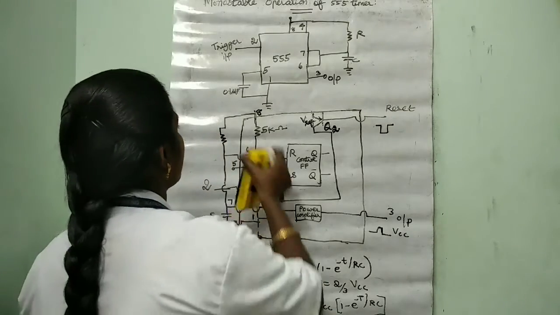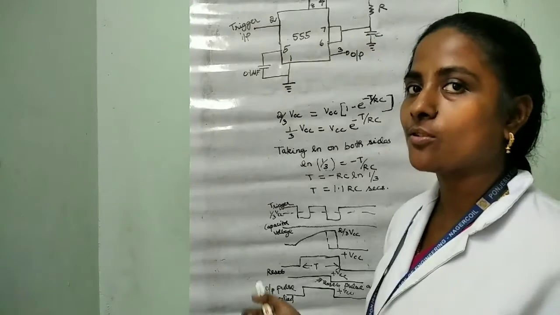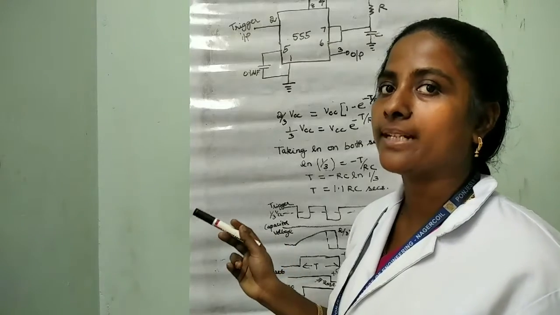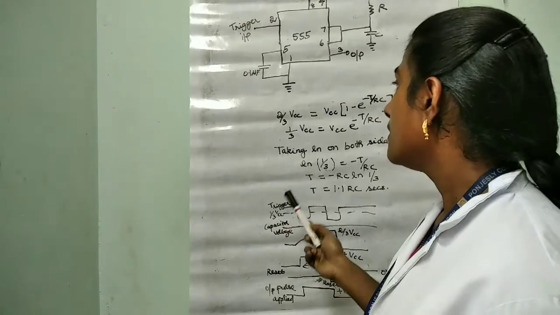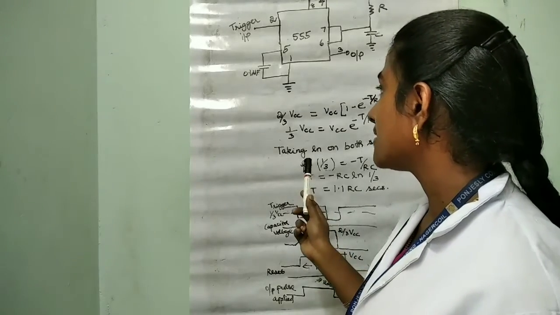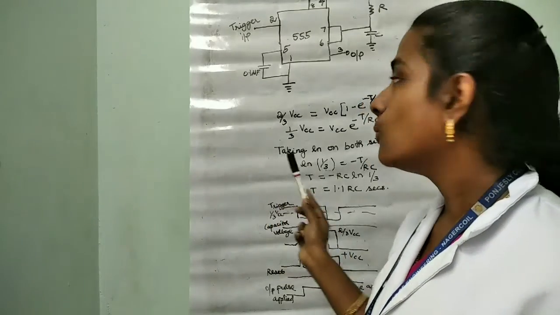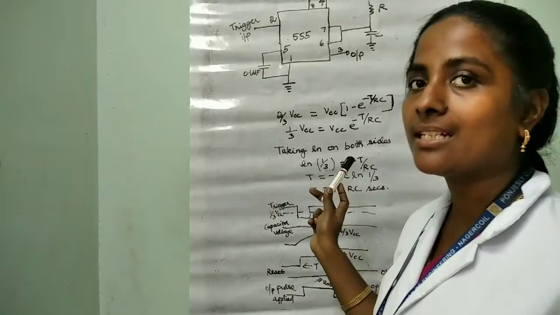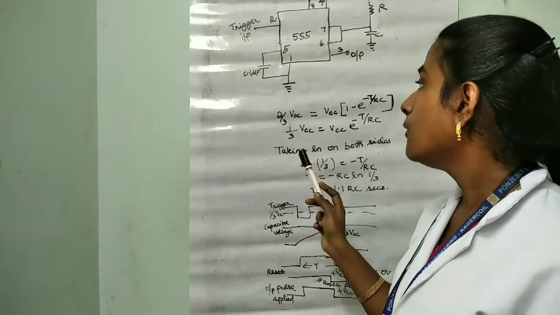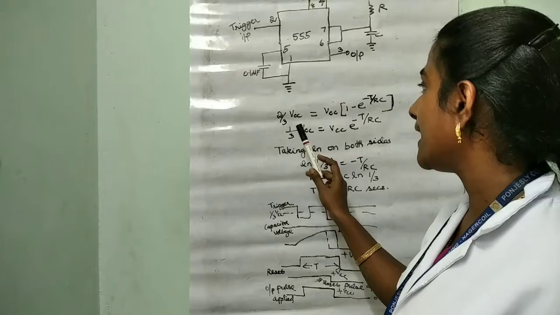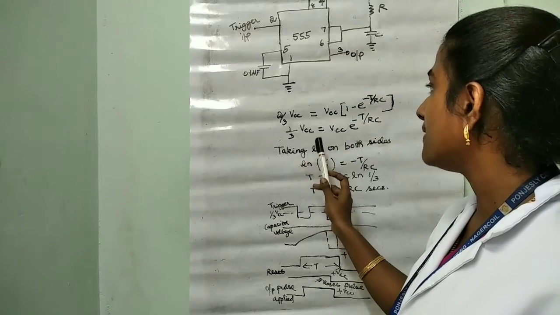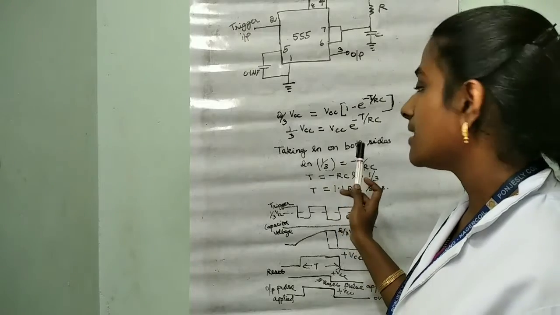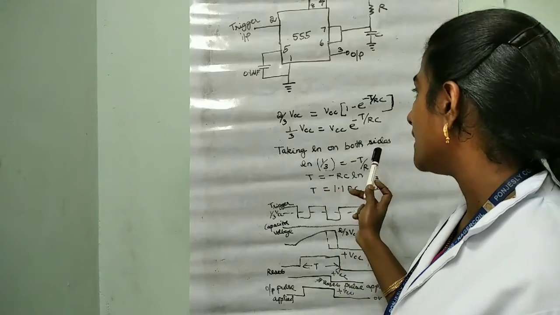So we get 2 by 3 VCC equal to VCC into 1 minus e power minus t divided by RC, that is 1 by 3 VCC equal to VCC into e power minus t divided by RC.